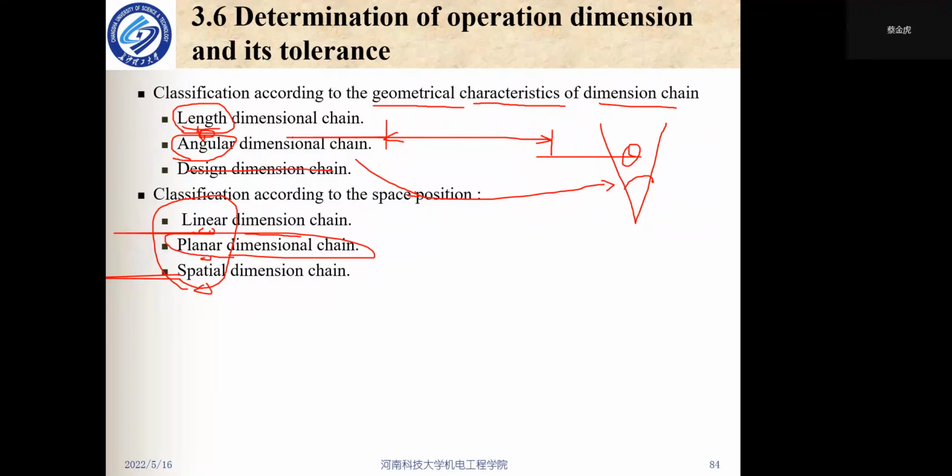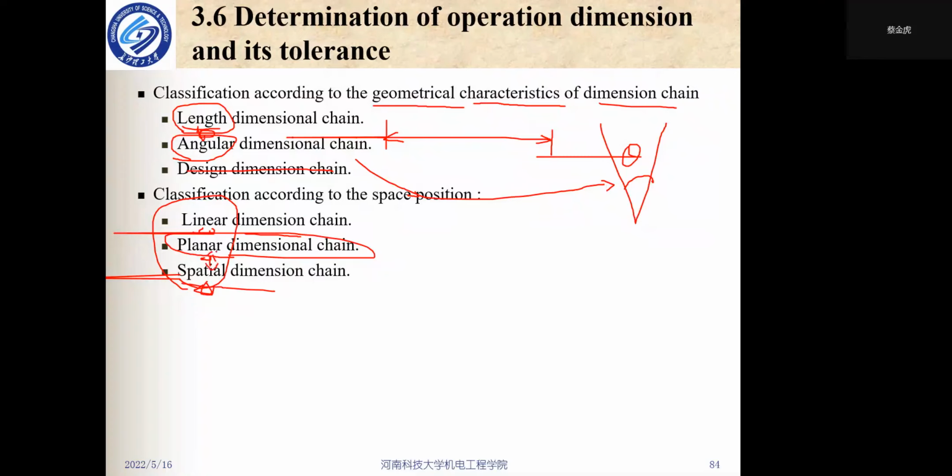And the last one, the spatial dimension chain. Here, the dimensions in a dimension chain are not in the same plane or parallel planes. The spatial dimension chain is opposite to the planar dimension chain.